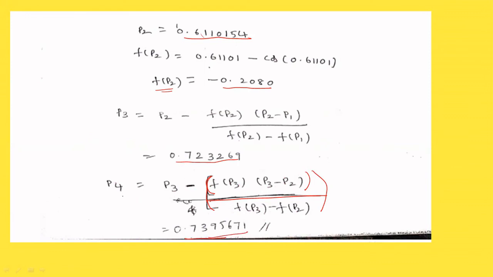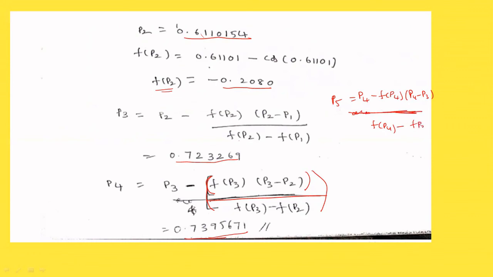I did only up to 4 iterations. Similarly, you can find out P5. What is P5? P5 is equal to P4 minus f of P4 into P4 minus P3 by f of P4 minus f of P3.